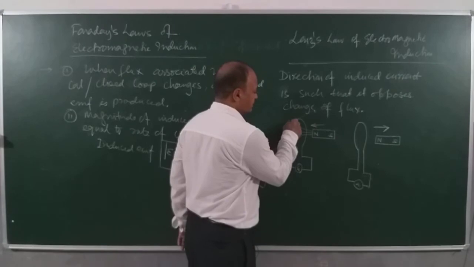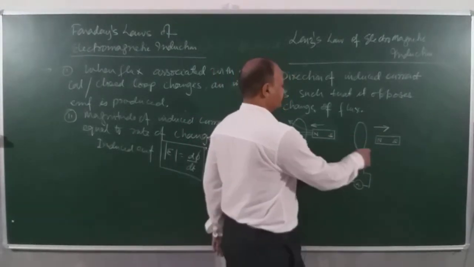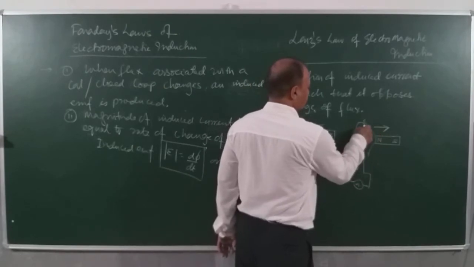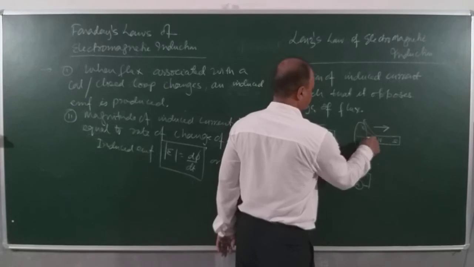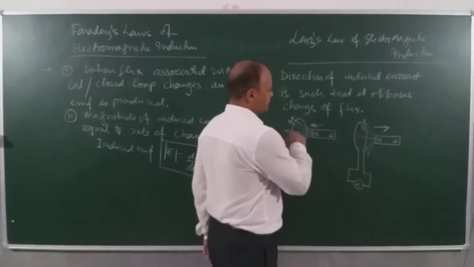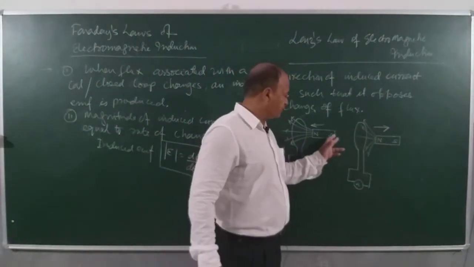Here it will increase and here it will decrease. More lines will go away from it and there will be less intersection. Here I can show more lines. I have to consider 5 units of lines here, you can see. As it is going away, the flux is decreasing; coming towards, flux is increasing.